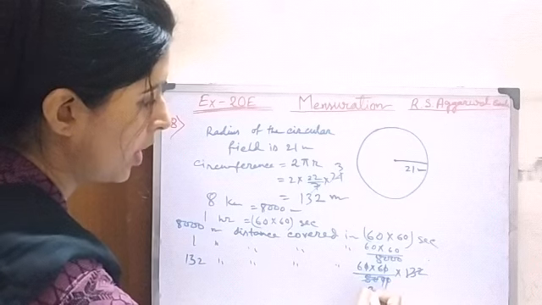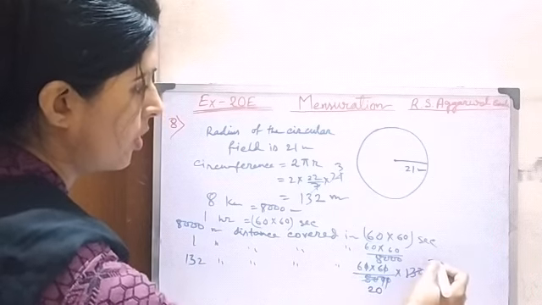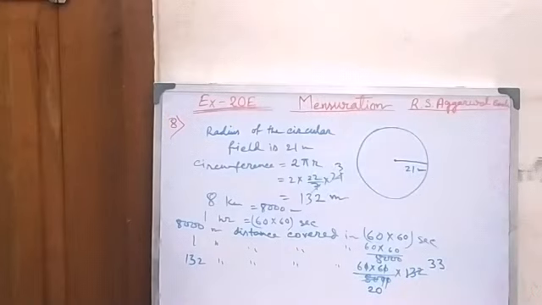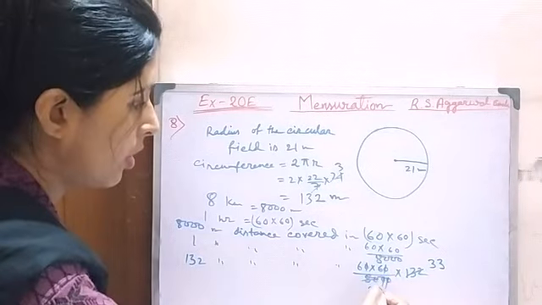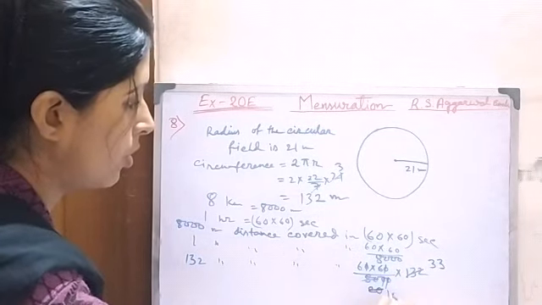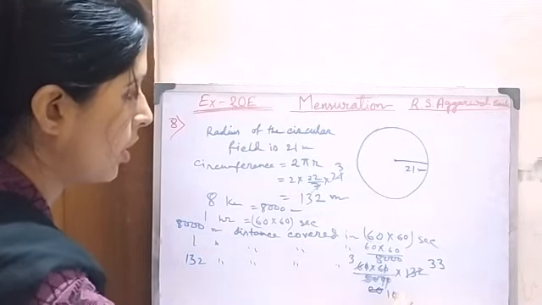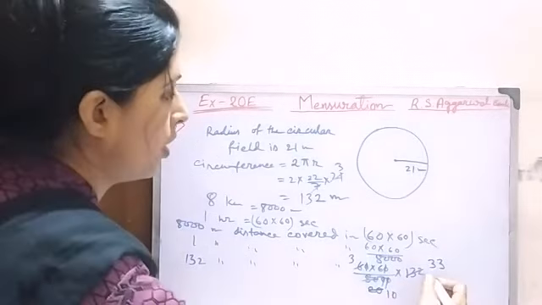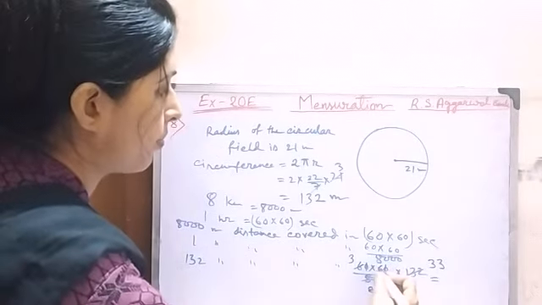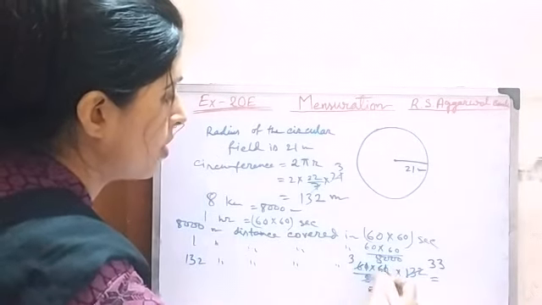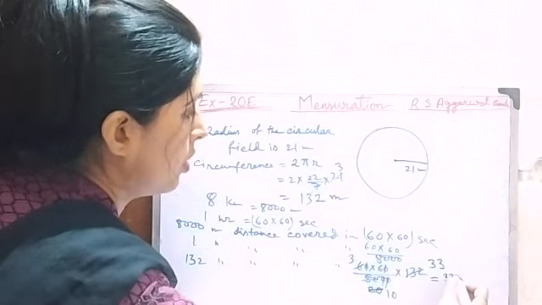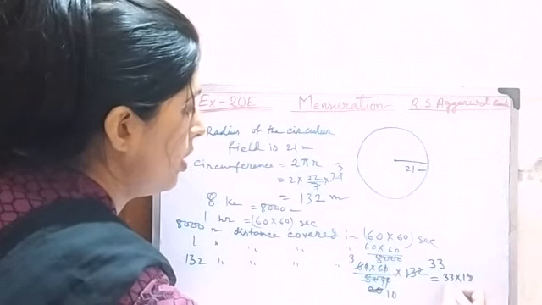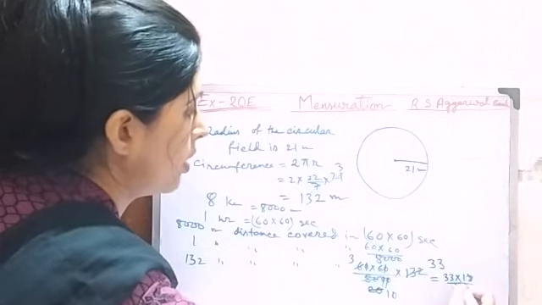By 4, 4 2s are 8, 0, 4 3s are 12, 4 3s are 12. Then by 2 is 10, this is 3. Then we will multiply it. That is 33 into 18 divided by 10.